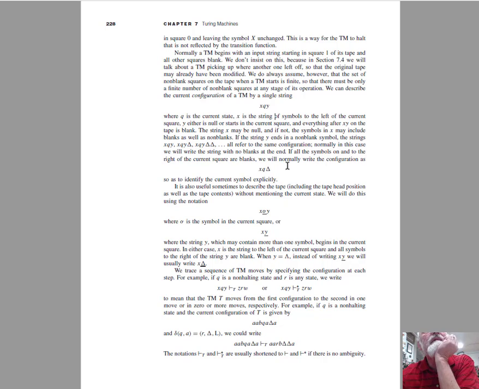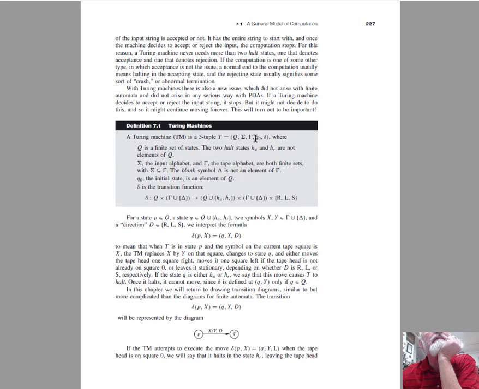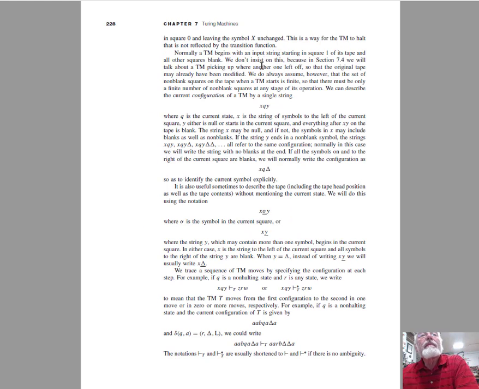Okay, sometimes you'll have a delta in here. Remember, delta is not a member of gamma. The blank symbol is not an element of gamma. And this generally will mean, although it doesn't necessarily mean this, at first for us it will mean that we're at the end of the input, the right end of the input.